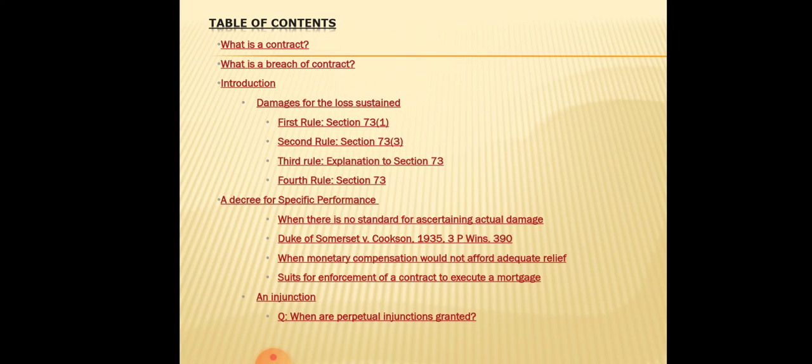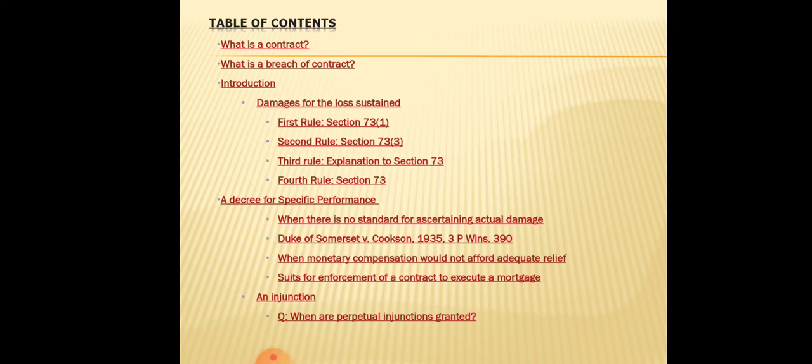In today's lecture we are going to talk about what is a breach of contract, and damages for the loss sustained under Section 73, clause 1, clause 3. There are four rules. Then a decree for specific performance. Suppose there is breach of contract, then in that case a party can go to the court of law and seek the remedy, or enforce or ask for specific performance.